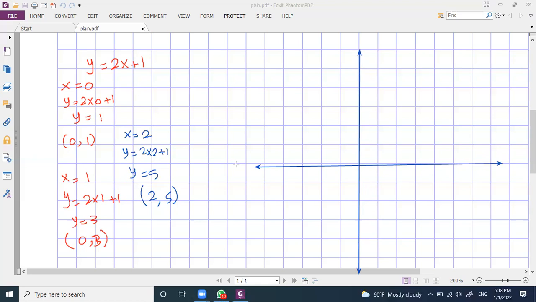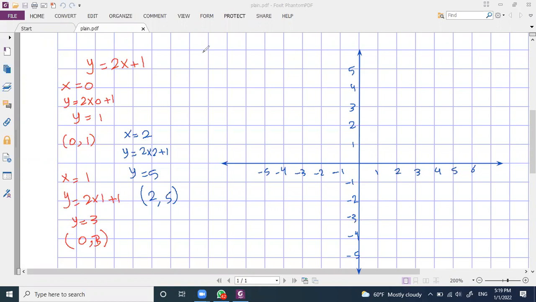Take values for x on the right 1, 2, 3, 4, 5, 6, and this is the positive direction of the x-axis, and on the left -1, -2, -3, -4, -5, and when we go up on y, you will get 1, 2, 3, 4, 5, and when you go down, you will get -1, -2, -3, -4, -5, and so on. Then plot the points you have.